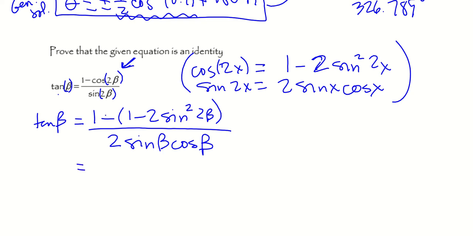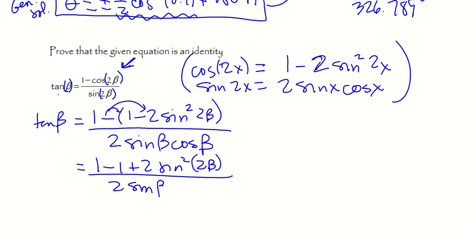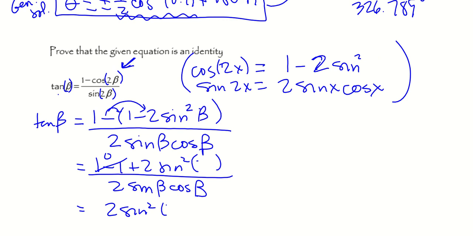Let's see what happens. If we distribute this negative across my subtraction, I get 1 minus 1 plus 2 times sine squared of beta, over 2 times the sine of beta cosine of beta. 1 minus 1 is 0, so I have 2 times the sine squared of beta over 2 times the sine of beta cosine of beta.